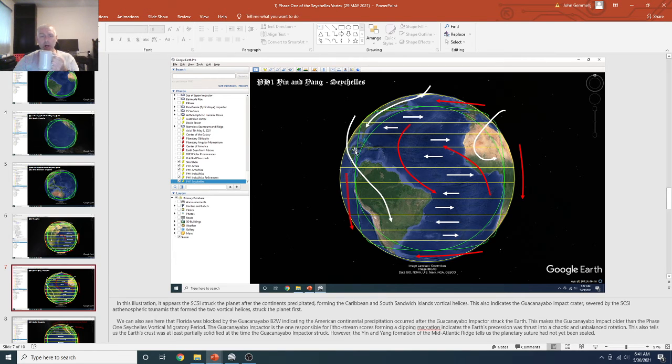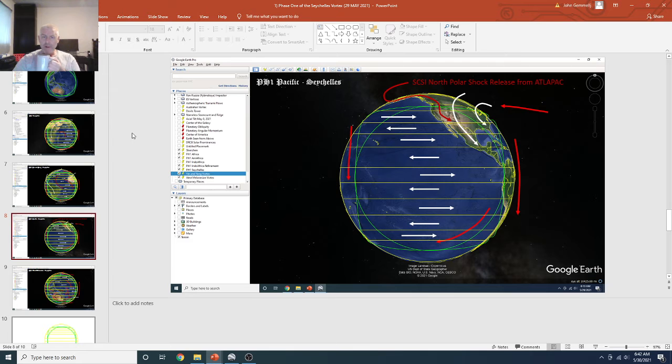So the Coconayabo impactor could very well have been later. There might have been a greater mass of land coming all through here and flowing more evenly into South America until the Coconayabo came up here and smacked the crap out of it and basically created the Gulf of Mexico, and didn't necessarily create this. This was more likely created later by the South China Sea impactor.